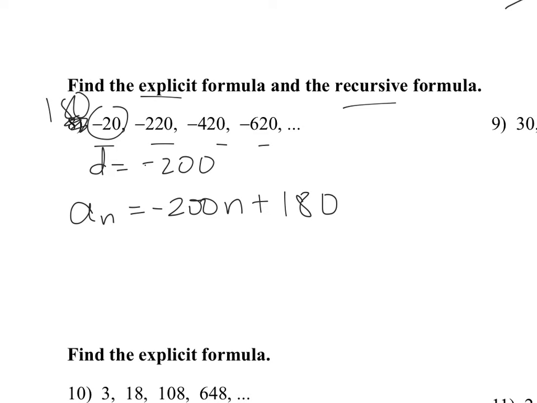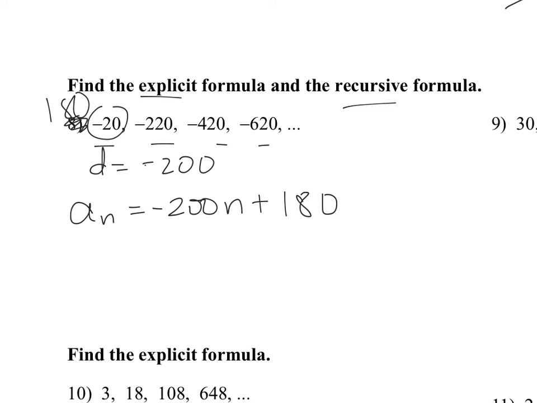Now the other way to do this is the explicit formula, or the nth term, is the first term, negative 20, plus n minus 1 times the common difference.